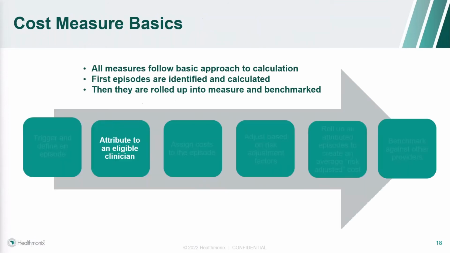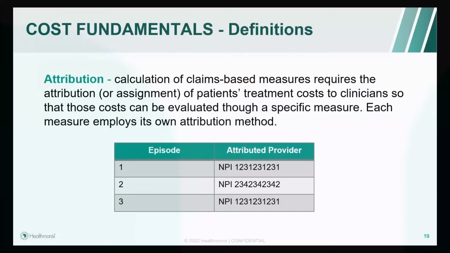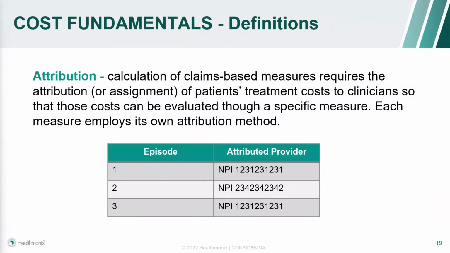Then we take these episodes and attribute them to an eligible clinician. When we attribute them, we look at a bunch of different factors, maybe based on who did the E&M code, or who did the procedure in the hospital, or the majority of treatment that was given.